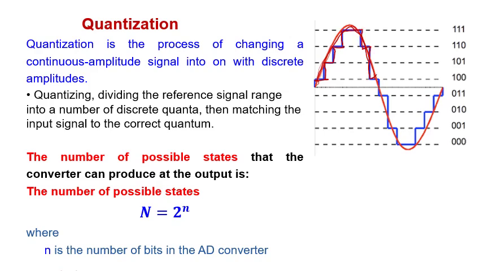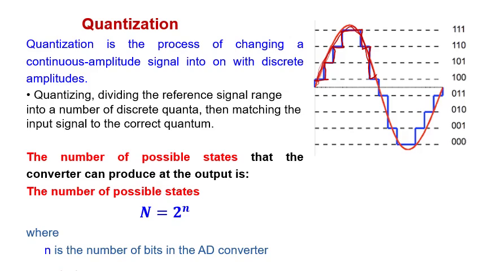That's what we mean by quantization. So again, any continuous signal, before we send it to the analog to digital converter, or as a first part of the analog to digital converter, we need to apply quantization to it. Quantization means converting it to discrete values.